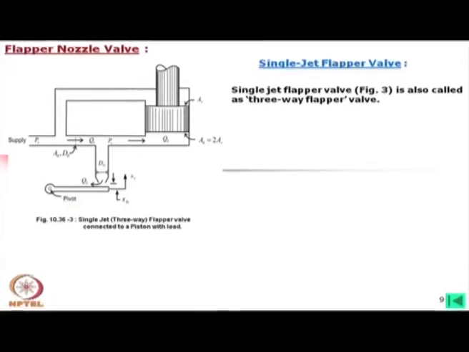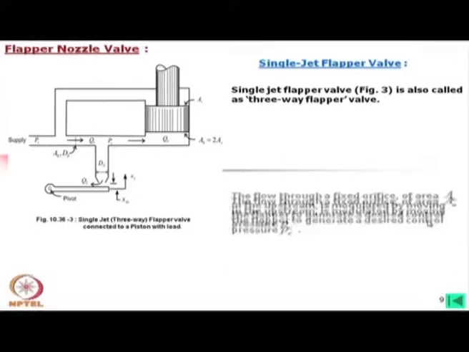Now, we shall consider the analysis of a single jet flapper valve. It is also sometimes called the three-way flapper valve. Because of this principle, the same principle we have seen is used for the spool valve also.